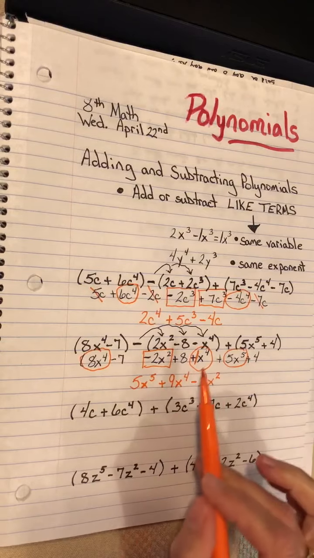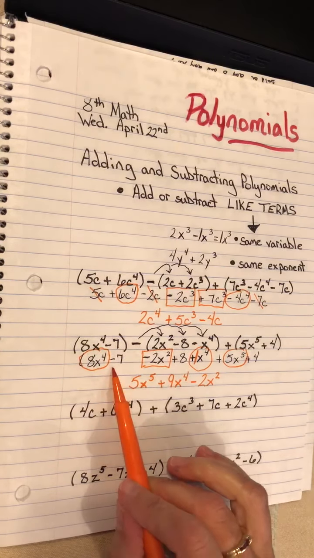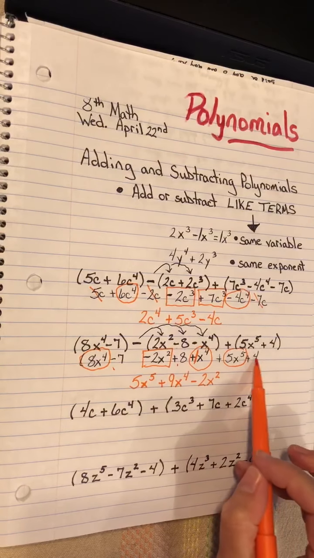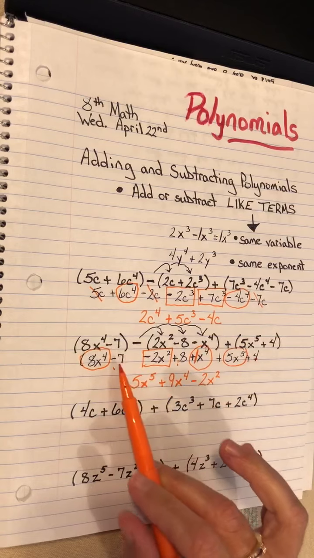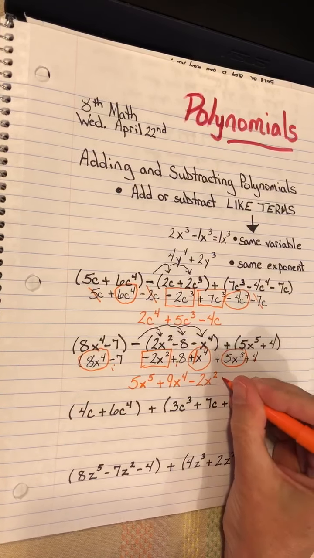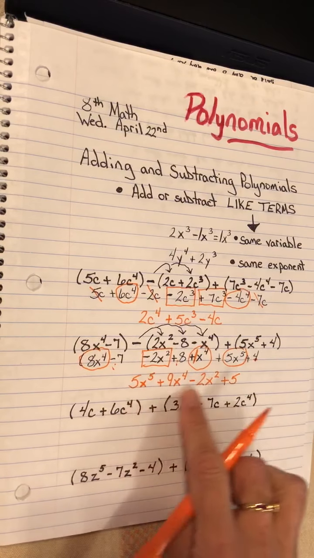There is no x to the 1st power, so I'm down to my constants. -7, +8, +4. 8 plus 4 is 12. 12 and a -7 is a +5. So this is the final answer.